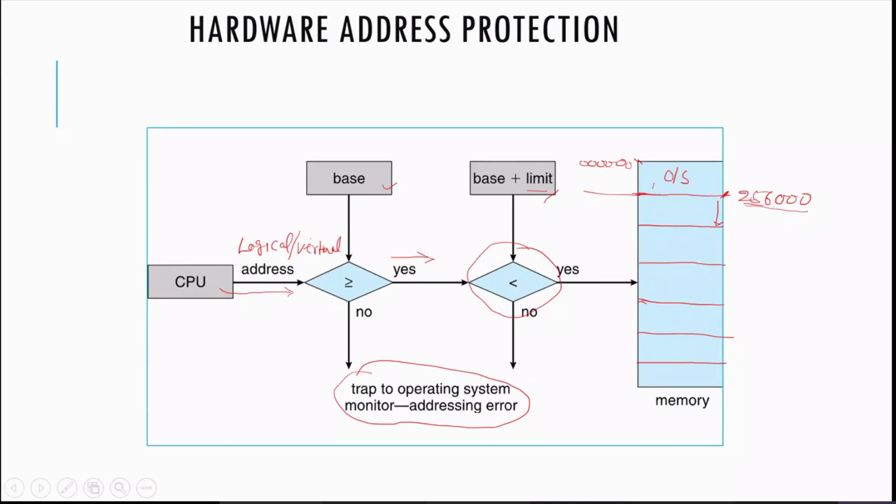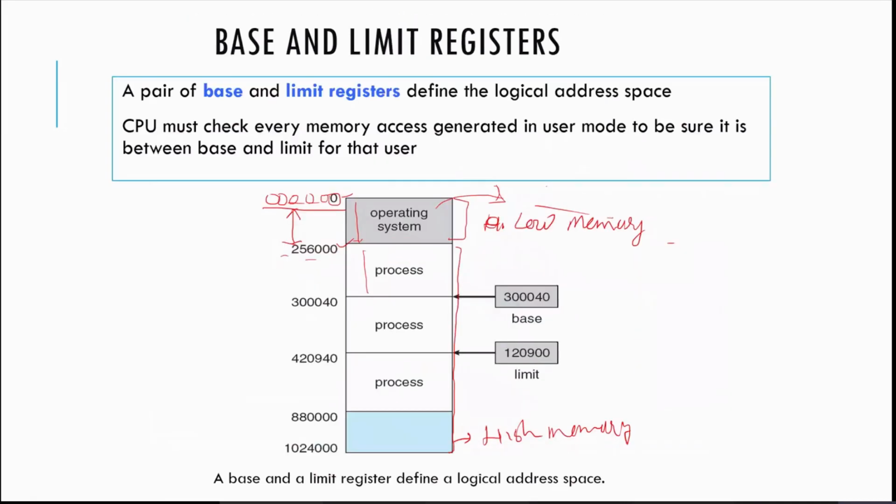So if I say my base register is 30040 and my ending address is this one, and this is the limit. This is my base address.